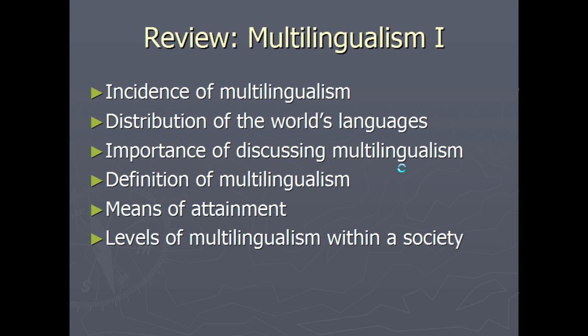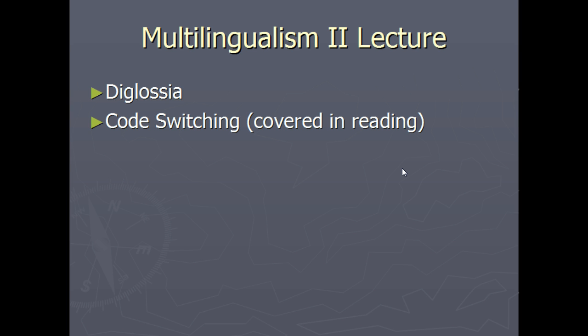In the first portion of the lecture, we discussed the incidence of multilingualism, distribution of the world's languages, importance of discussing multilingualism, a few definitions, the means of attainment, and levels of multilingualism within a society. In this second portion of the lecture, we are going to be looking at a phenomenon within multilingualism, primarily diglossia.